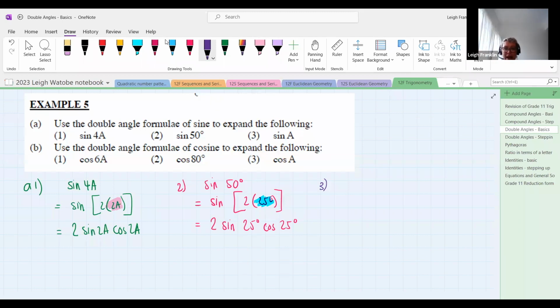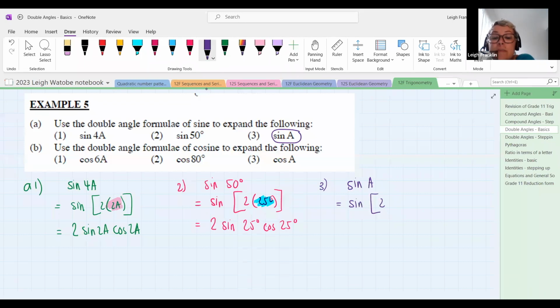Now we've got sine A, and just as you said, sine A can also be regarded as a double angle. In order to be able to do this one, this is how we have to manipulate what we see.